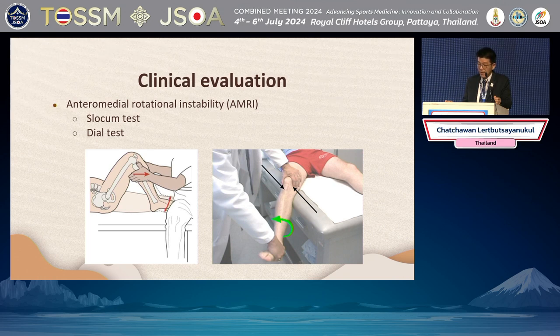Also, we check whether external rotation is accompanied by anterior subluxation of the medial tibial plateau, using the Slocum or dial test. Therefore, we should consider both valgus and rotational instability in patients with suspected medial side knee injuries.